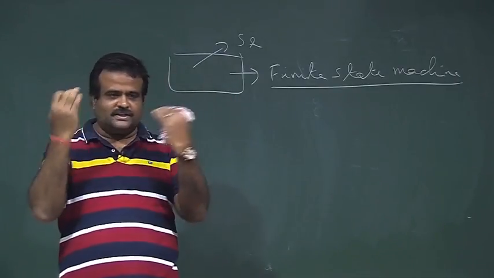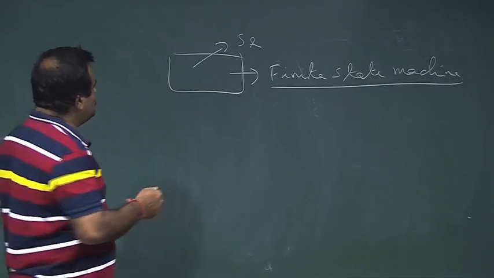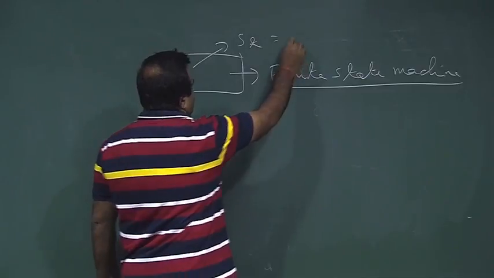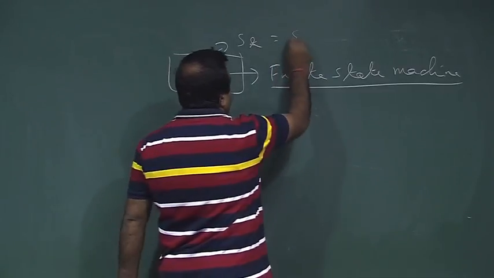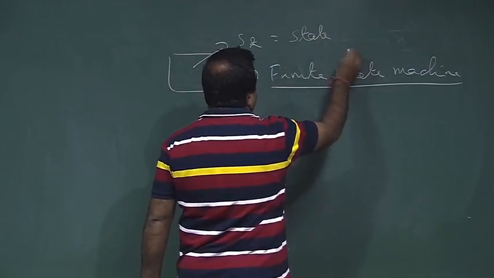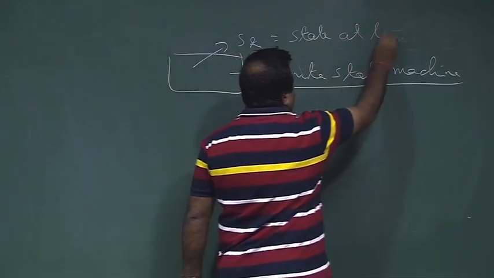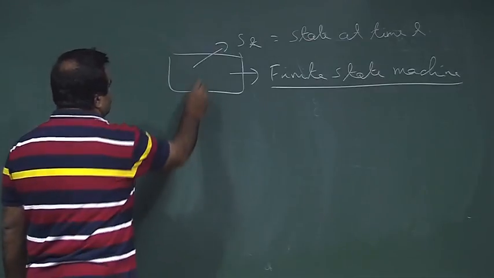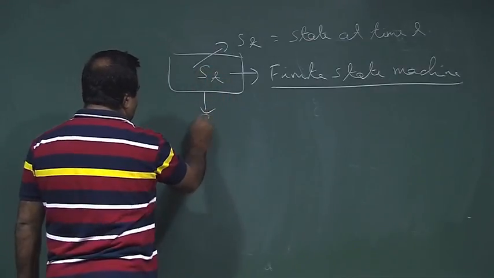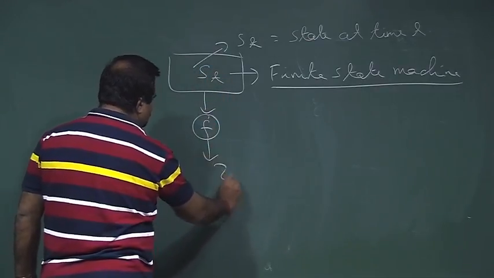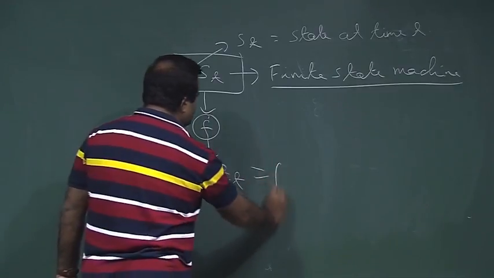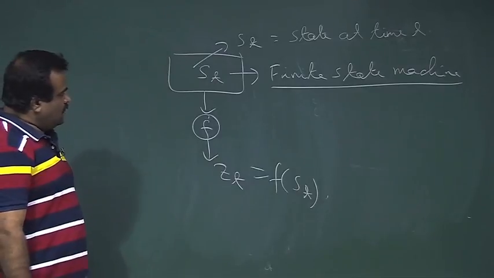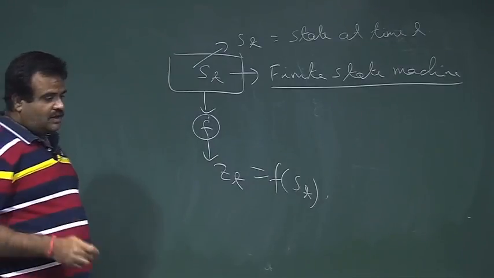So basically you have a finite state machine, and this is the state at time t. So this is our St. Now it is applying a function f, which is giving us zt. So zt is basically f of St. Okay, so this is the way we think of that.